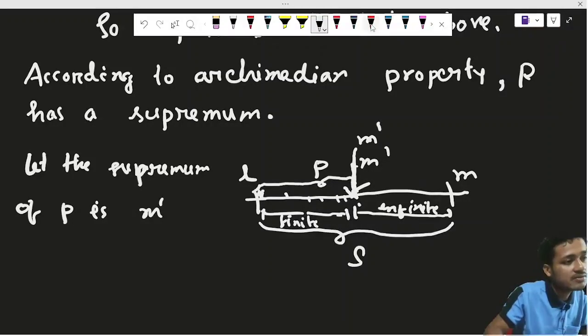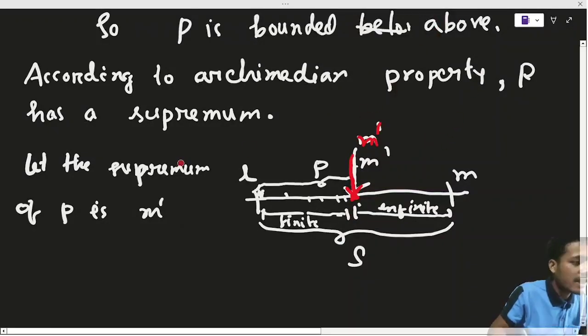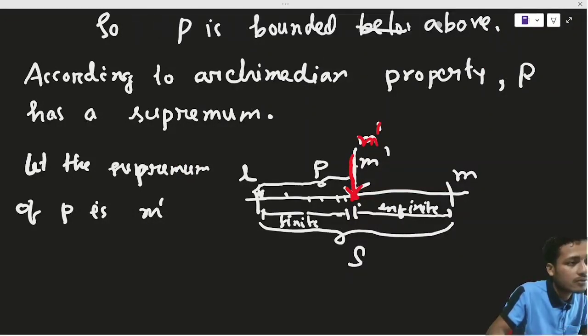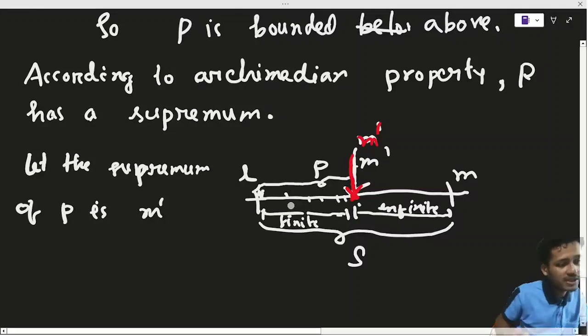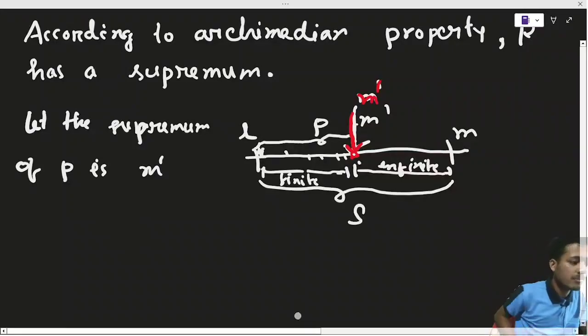मैं कलर चेंज कर लेती हूँ. ये है, मान लीजिए ये small m dash है. ओके, ये वाला है. So S has a supremum, S का ये supremum है. So since P has a supremum, P का supremum तो है ना वो small m dash है. तो अगर ये supremum है, small m dash is the supremum.